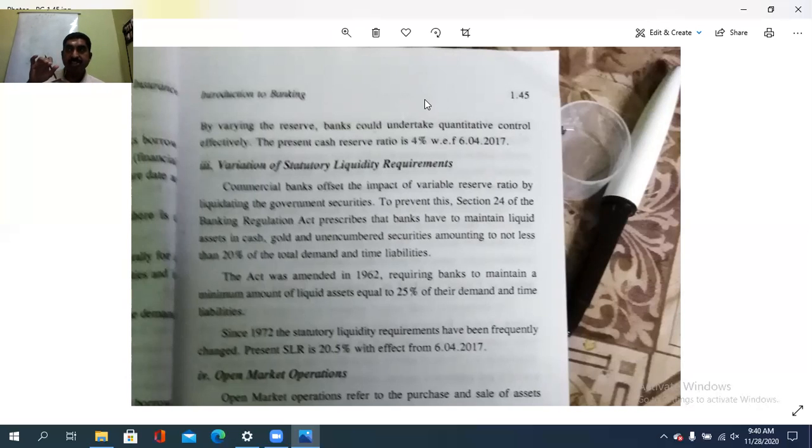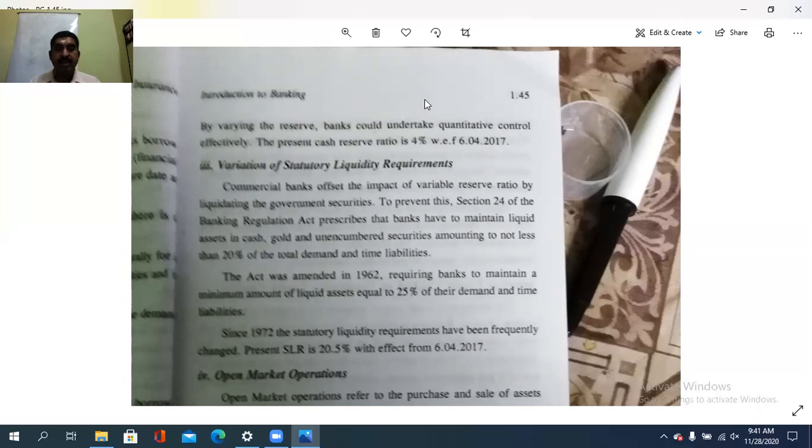The cash, otherwise the gold or the securities, their liquid position as what? Asset. ഇതിന്റെ ലിക്വിഡ് അസറ്റ് ആയിട്ട് കീപ്പ് ചെയ്തിരിക്കണം എന്നാണ് പറഞ്ഞിരിക്കുന്നത്. So that is the case with the statutory liquidity requirement.